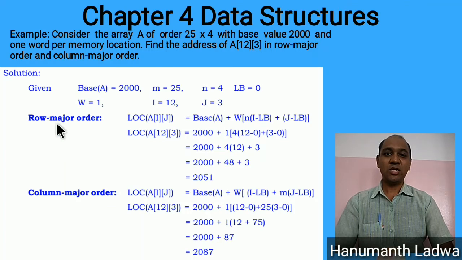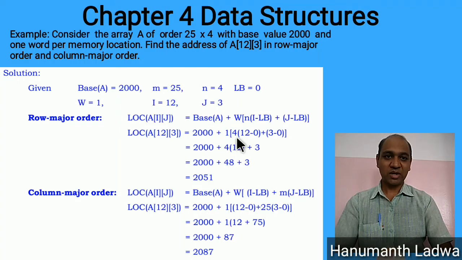Next we will write row major order. We will use the formula location of a of ij is equal to base of a plus w, words per memory location, into n into i minus lb plus j minus lb. Here base of a is 2000 plus w represents 1.